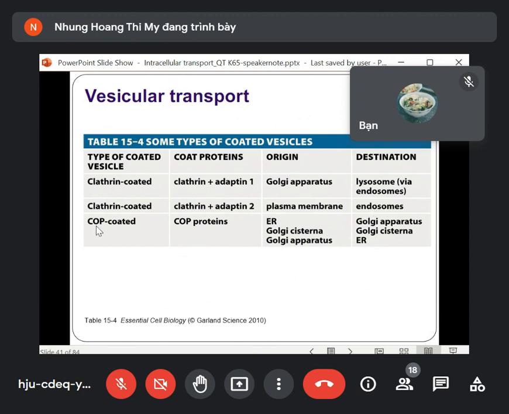The COP-coated vesicles need support from other adapter proteins, and they can go between the ER and the Golgi apparatus, exchanging between these two organelles in the cytoplasm.